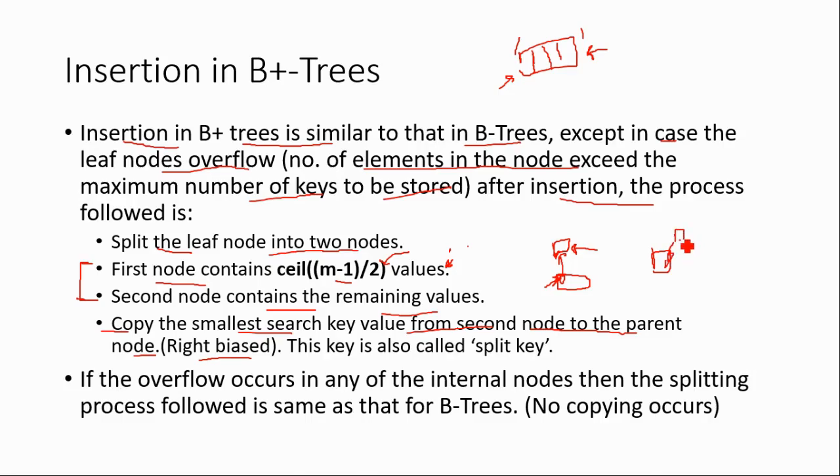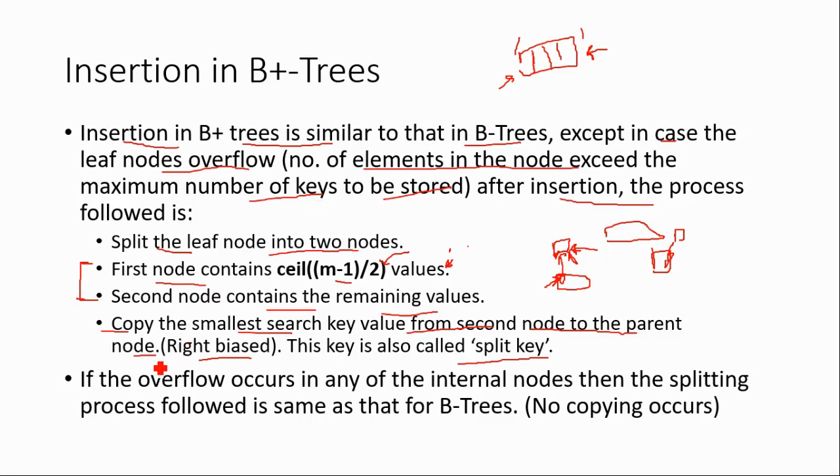In that case, it would have been left bias, but in B plus tree, right bias is used. This key that we have copied to the parent node is also sometimes called the split key, because it is the key on which a split has occurred. It can be said to be a marker for that.